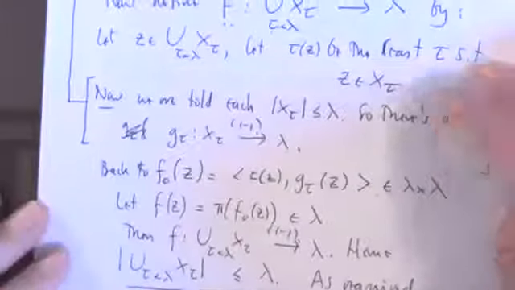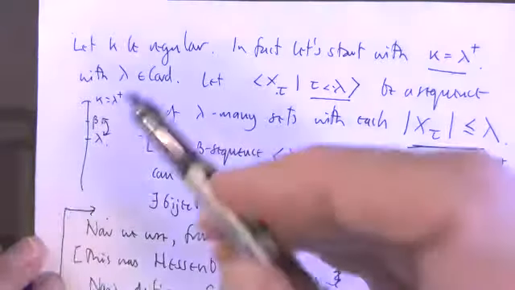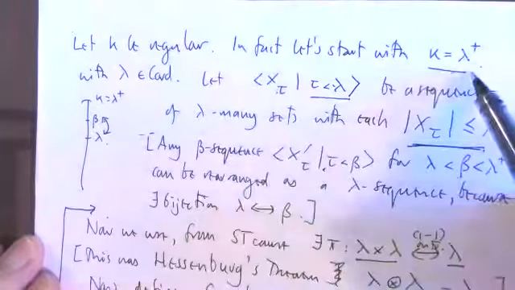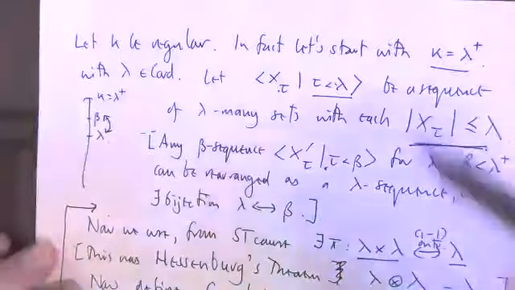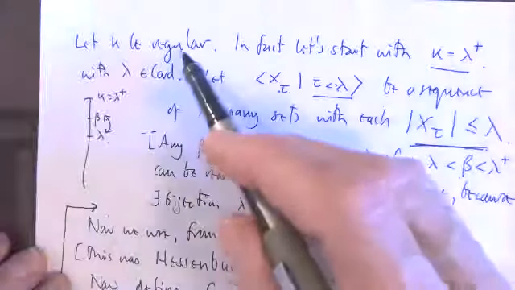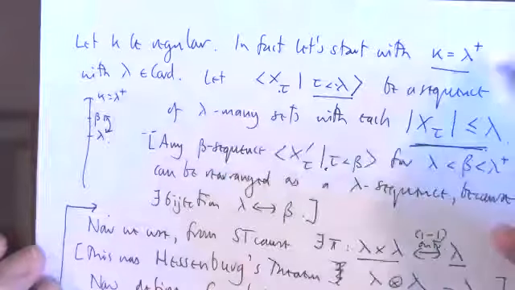Perhaps I made slightly heavy weather of that. But anyway, what we did there was we assumed that it was a regular successor cardinal. To complete the story, you could ask me, well, what happens if it's regular and a limit cardinal? What do we do now? Well, we just vary the story here.